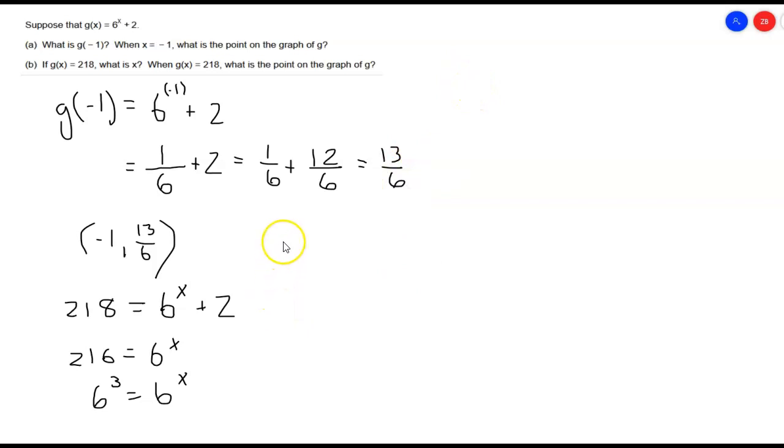So now I can just write x is equal to 3. So when g of x, or our y value, is 218, our x value is 3, and that point then becomes 3, 218. And that's it. Not too hard.